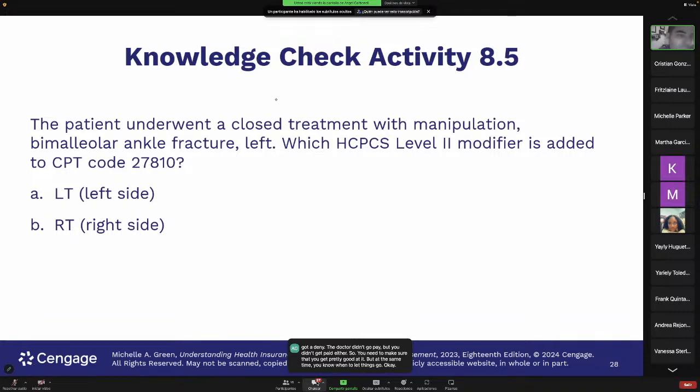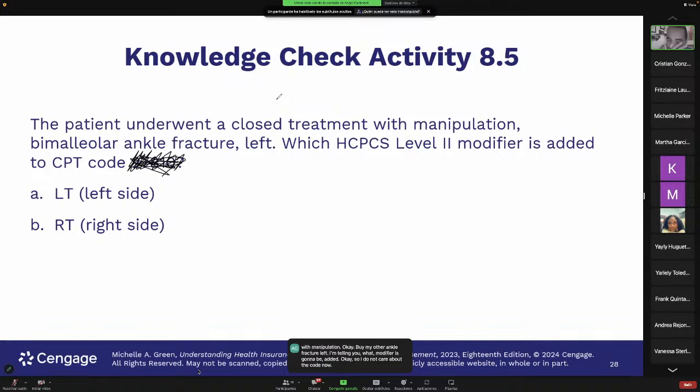Another little example. The patient underwent closed treatment with manipulation, bimalleolar ankle fracture, left. It's telling you what modifier is going to be added. I do not care about the code now.